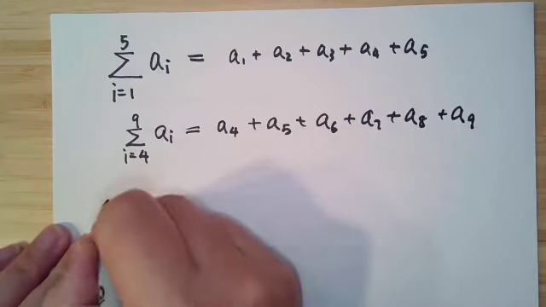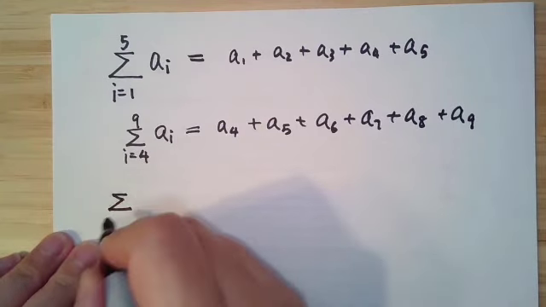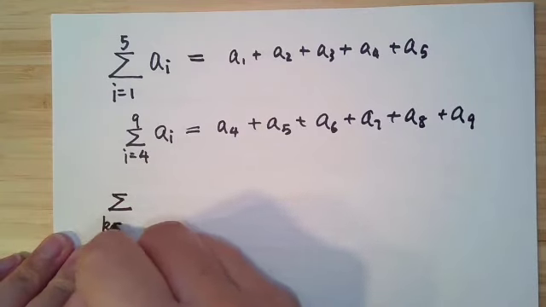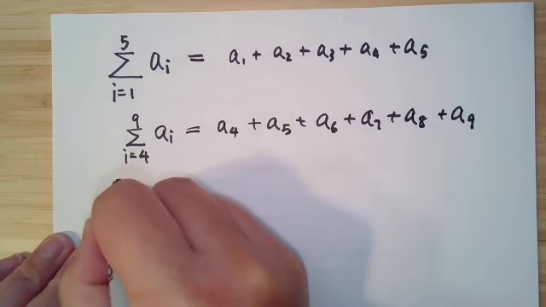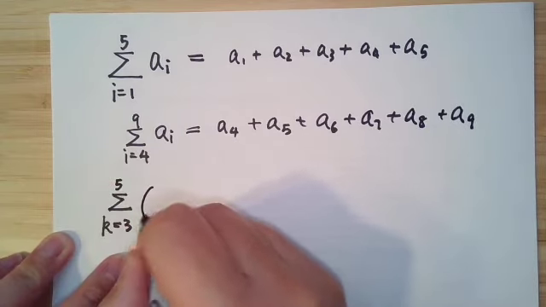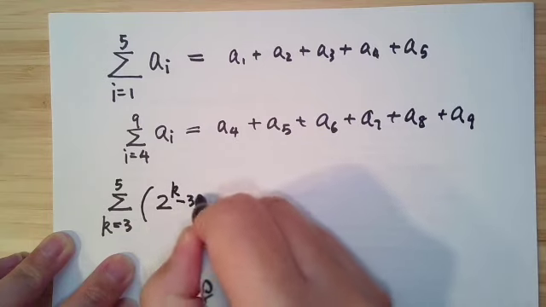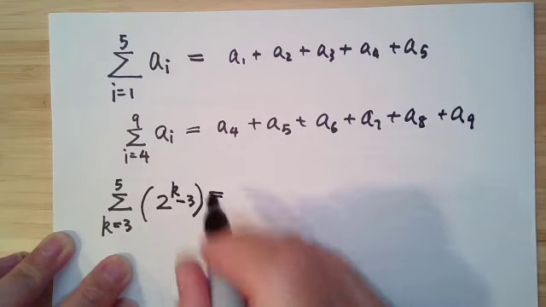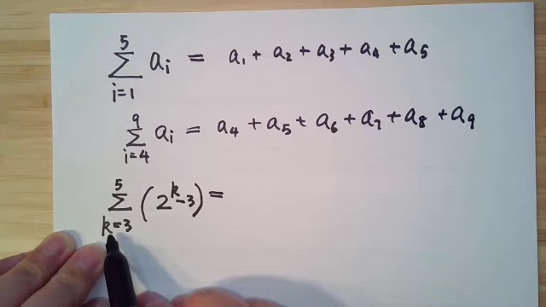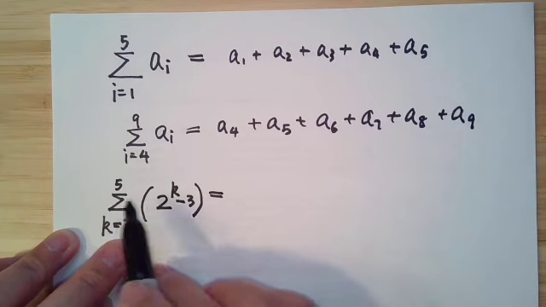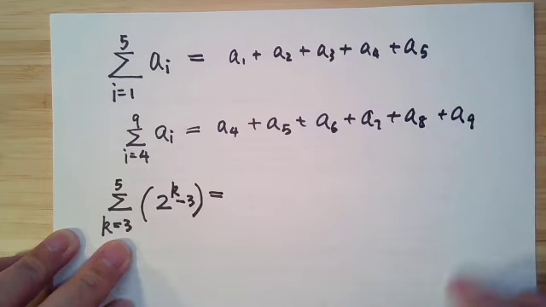Now let me give you one more example. How do you write the sum for k equals 3 to 5, where I ask you to add 2 to the k minus 3? First of all, how many terms? k goes from 3 to 5, so 3, 4, 5. 3 terms.